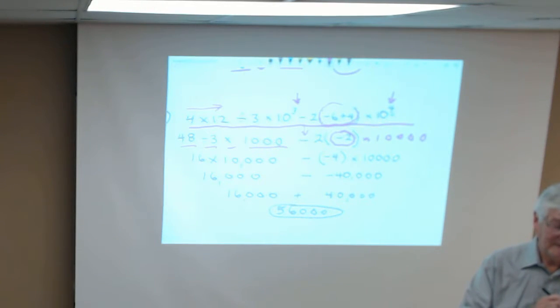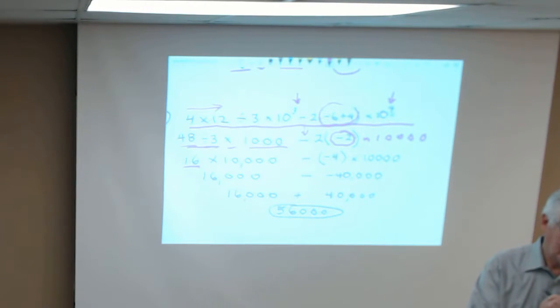Okay? So now, what's 48 divided by 3? 16. Then times.